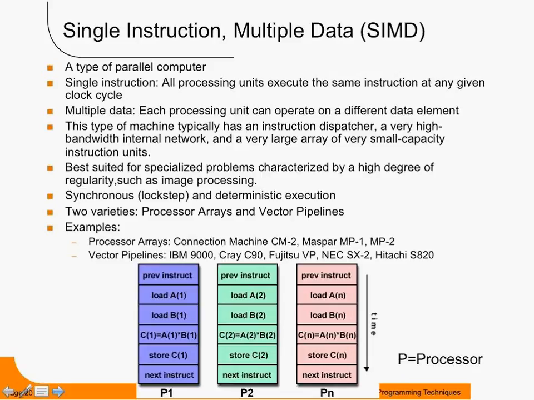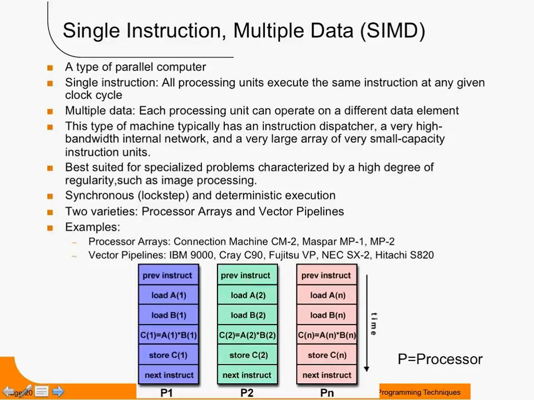I do the same operation, plus. I want the summation of all these values in a third array that we call C, with data from 1 to 100. P1, P2, up to Pn are the processors, and you do the same instruction but on different data.